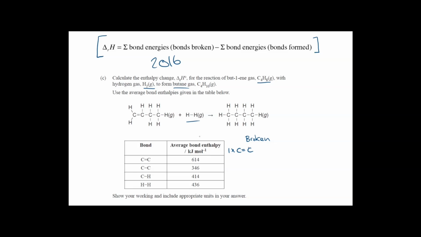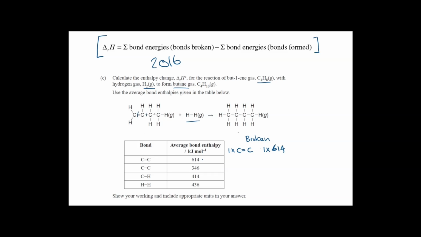So if you see carbon-carbon or hydrogen-carbon or whatever, a double bond is treated differently to a single bond. How much energy would we need to break that up? Well, 614 kilojoules per mole. We're going to say that there's 1 mole. So this is going to be 1 times 614 kilojoules.